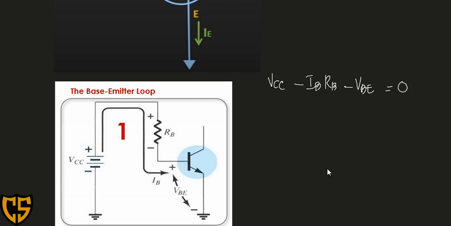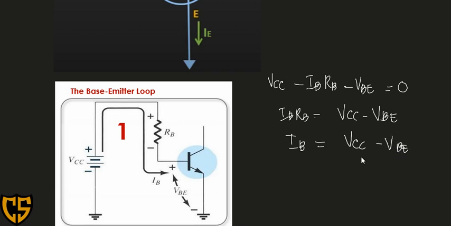If we manipulate this equation to get the equation for IB, we have IB RB is equal to VCC minus VBE. Then our IB is equal to VCC minus VBE all over RB. So this is the formula for our input side.